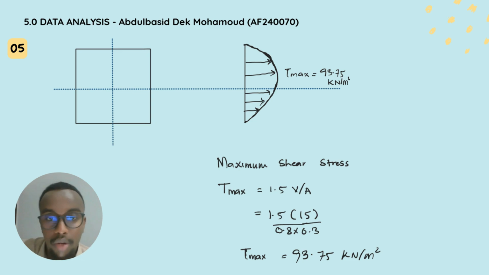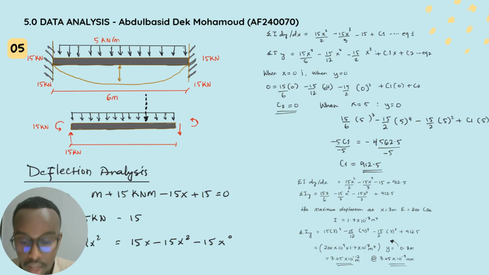Here I have calculated the maximum shear stress, which I take as 1.5 of the VMA, then 1.5 times 15 divided by 0.8 times 0.3. Tmax is equal to 93.75 kilonewton per meter square.